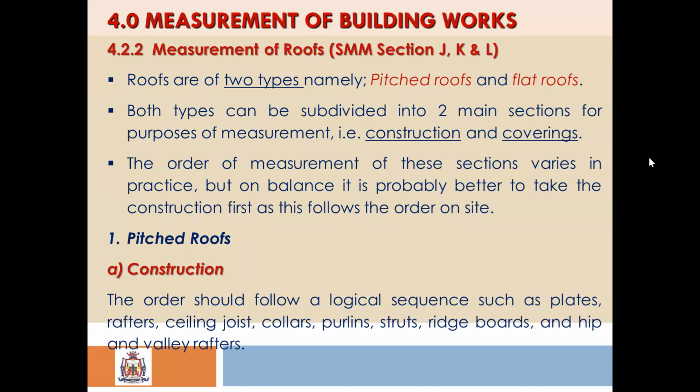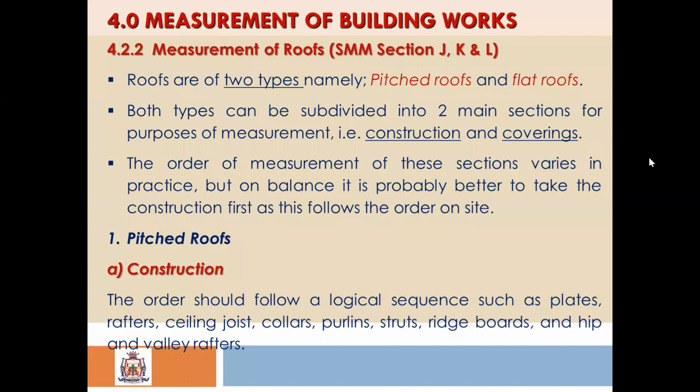So when the wall plates are done, we then consider the rafters. After the rafters, we shall consider the ceiling joists. If we have collars, like we shall see in this example, there may be collars, we shall put it there. And then after you've constructed the entire truss, then what follows is the purlins.